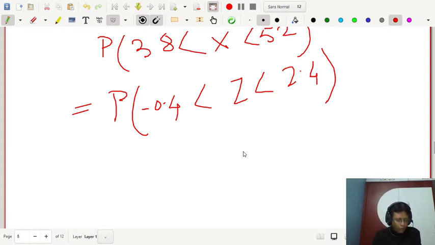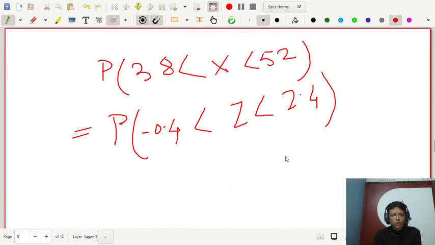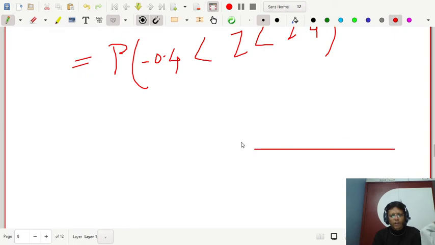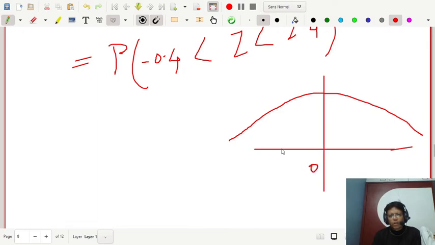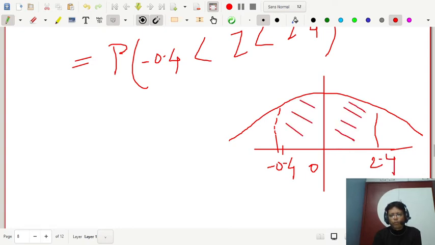That is the standard normal distribution value. So if you draw the region once again, this is your standard normal curve, this is your 0, this is your minus 0.4, right? This is the ordinate minus 0.4, and this is your 2.4. So you need this region, or this probability you have to calculate.